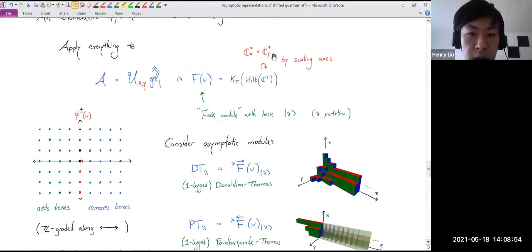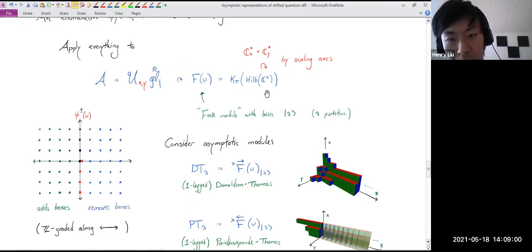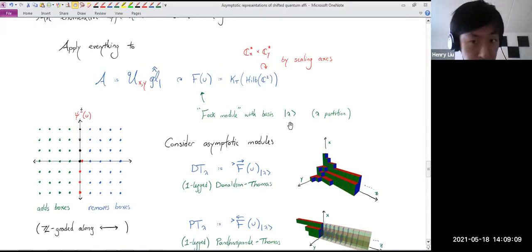It's indexed by the fixed points, or one way to write it is to index it by the fixed points. And what are fixed points inside the Hilbert scheme? They're just usual two-dimensional partitions, lambda. So the Fock module is an infinite dimensional module with a certain basis indexed by partitions.